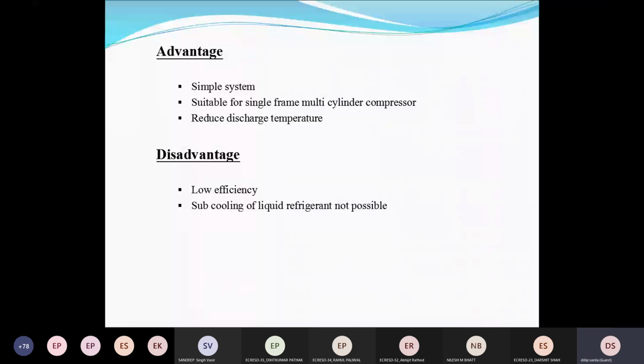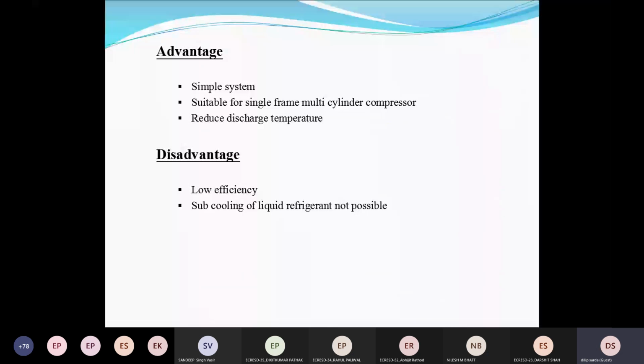It requires only one small expansion valve and one connection to the liquid, connected to the suction of the second stage, suitable for a single frame multi-cylinder compressor. Friends, when we have a multi-cylinder compressor and we decide that 4 cylinders work for low pressure and 2 cylinders work for high pressure, we can easily accommodate this type of gas intercooler.